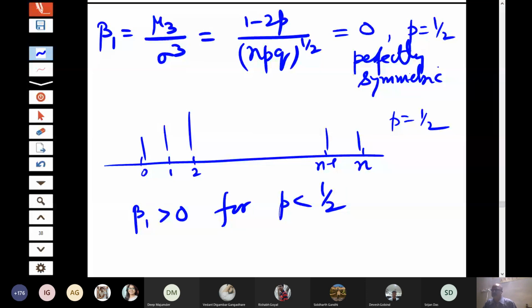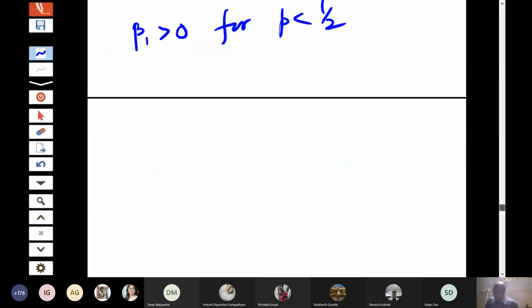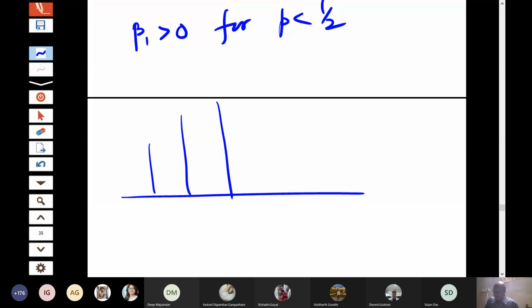So if p is less than half, q will become greater than half. That means the chances of more number of failures is higher. That means the values in the beginning will become slightly higher compared to the values on the right side. This side the values will be smaller.